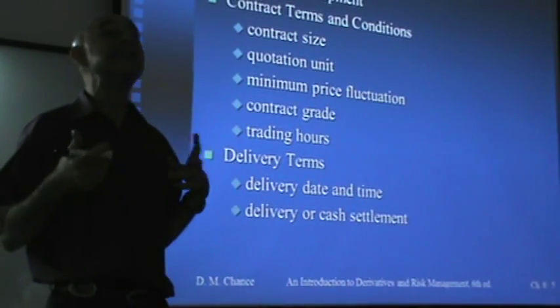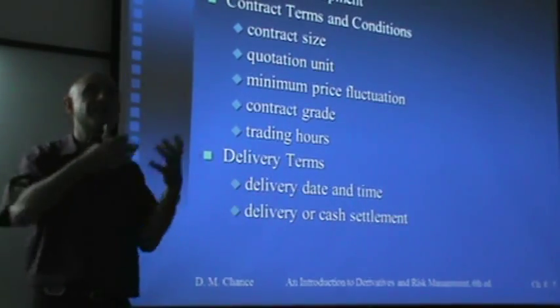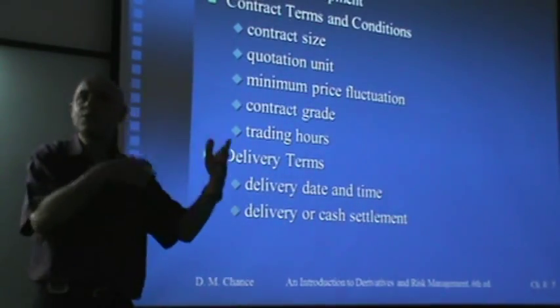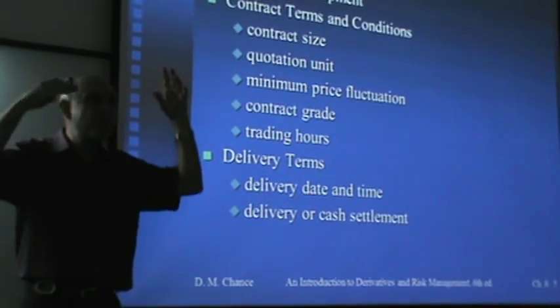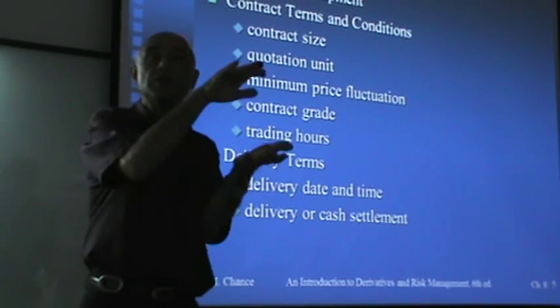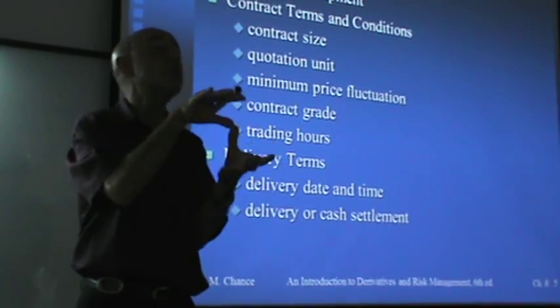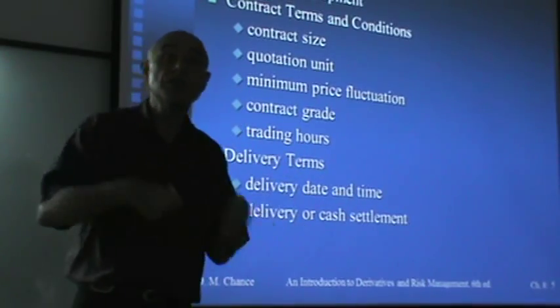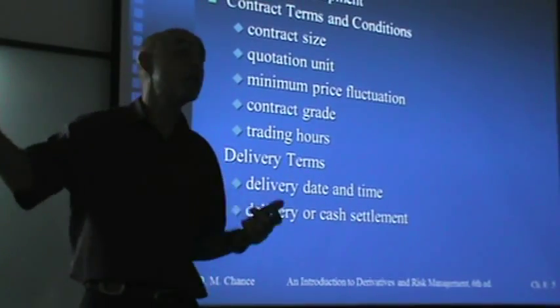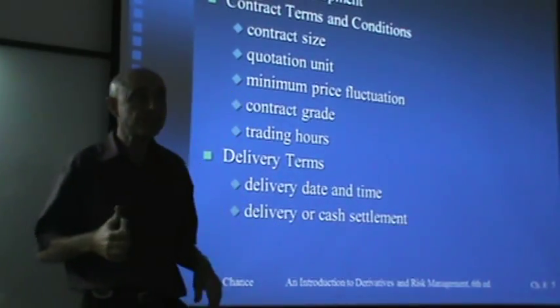If you're trading an index like the S&P 500, you can't just deliver 500 stocks. That's way too much, way too expensive. It becomes a nightmare. It's almost impossible. So all you're going to do is calculate the profit or calculate the loss, and the loser is going to pay up to the winner the respective gain and loss. It's a cash settlement.